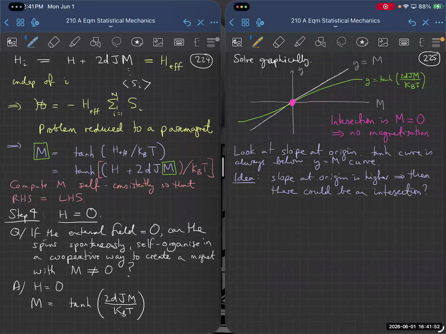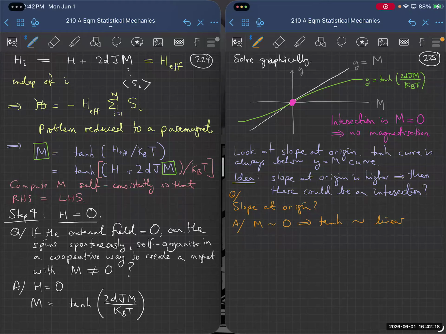So what determines the slope at the origin? Well, to look at the slope at the origin, all we have to do is note that when m is near 0, the hyperbolic tangent becomes a linear function.